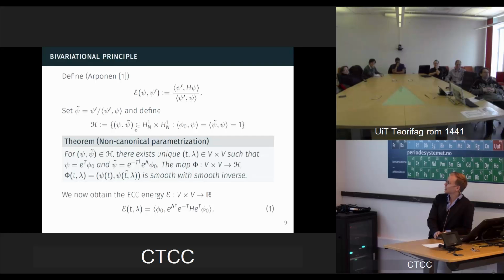And then we define this submanifold of the full product Sobolev space, because here we want to parameterize two sets of wave functions. And here we have nothing but this intermediate normalization of psi, so the weight of psi in the reference determinant phi naught is 1.